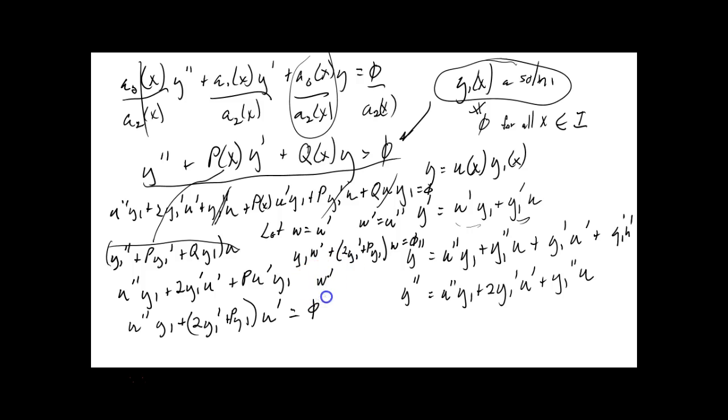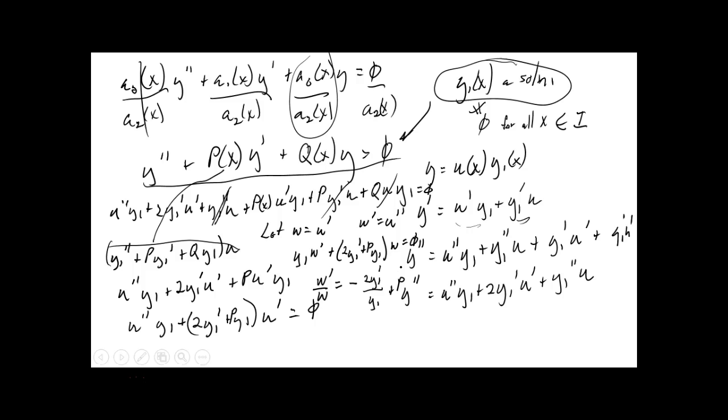W prime over W is equal to, now I've got to negate some things here, but that's okay too, the minus two y1 prime over y1 plus p.